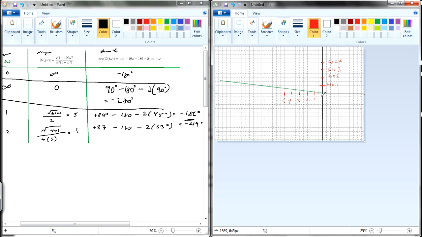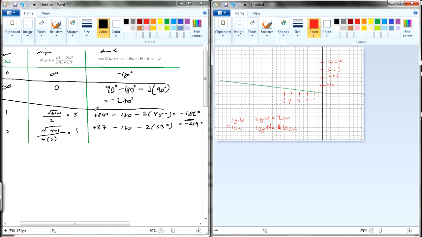As you can see, 2 grids equals 1, so 5 equals 10 grids, right? So when you're plotting all these things, you have to know how many grids. In this case, let's say each of these is 1 cm, so 1 grid equals 1 cm, 2 grids equals 2 cm, and if it's 10 grids, then it will be 10 cm, right?